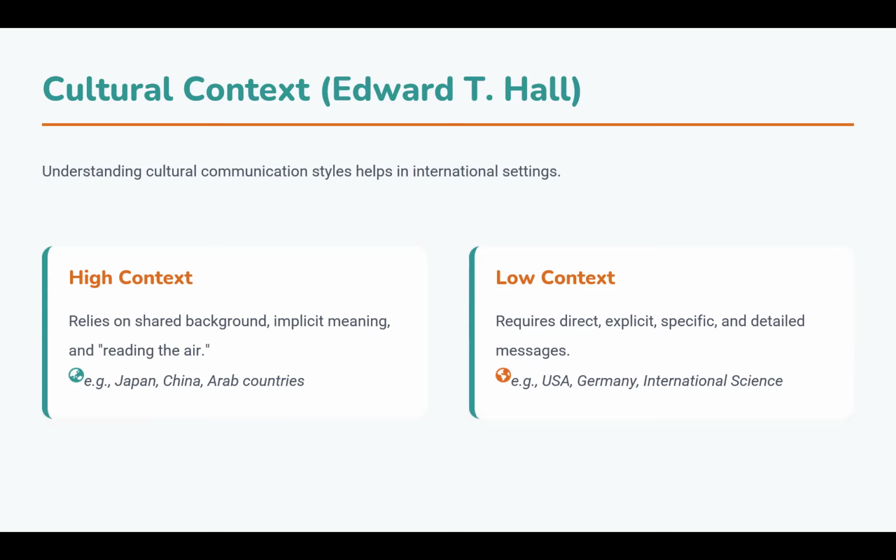But if you're presenting your research to the wider European and Western context, in the USA, Germany, international science forums, the UK or the European community, they do not love our contexts, which are rich with cultural aspects. They require direct, explicit, specific detail of your research only, not the context and cultural sensitivities.